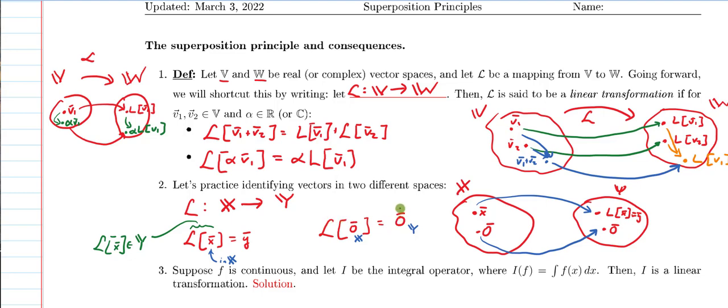And because this vector over here is the result of having done the linear transformation, then I know I must be in this range space over here. So even though I don't usually write 0 with a subscript y on that, it's understood that this is the 0 in this vector space here.